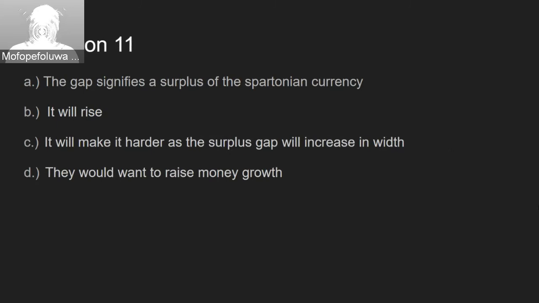So for part C, if the demand for the Spartanians falls, the gap between the supply curve and the demand curve would increase in width, thereby making it harder to maintain the exchange rate, as the price would want to fall with greater voracity.